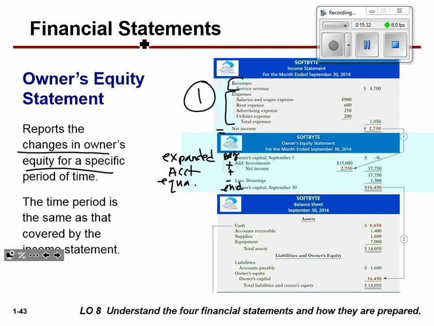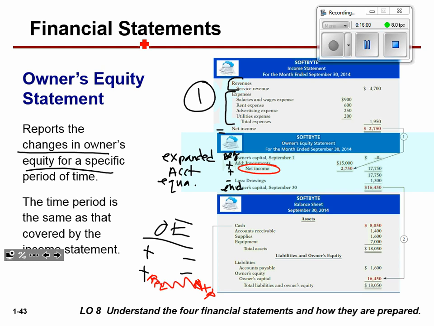Now stop a minute. I thought owner's equity had 2 pluses and 2 minuses. That's what the book started showing us, didn't they? But we now know net income has 2 of them hiding inside of it. Net income is hiding revenue and expenses.